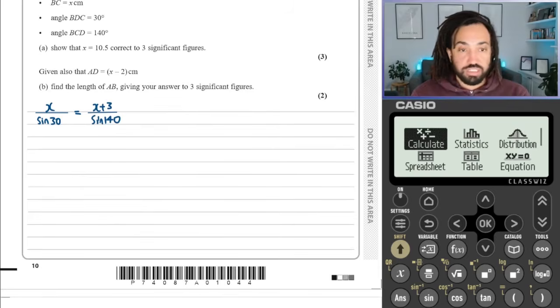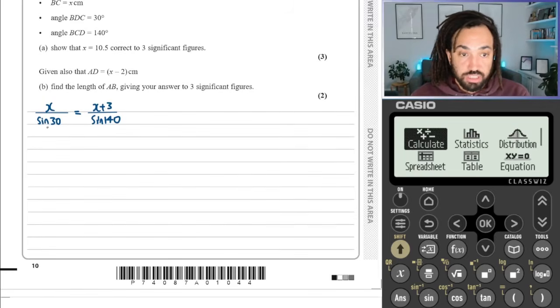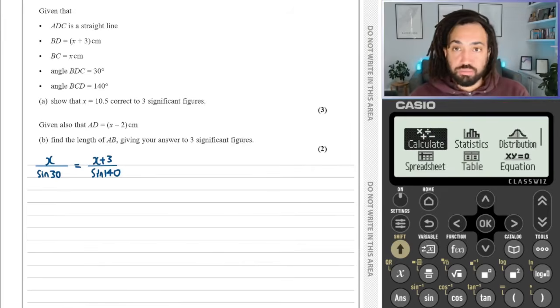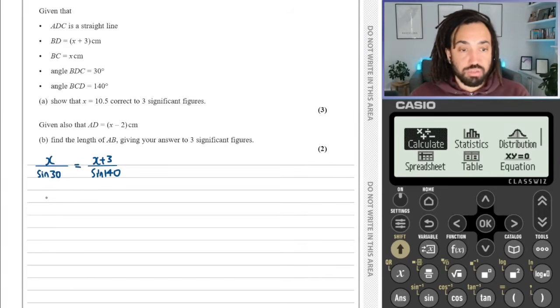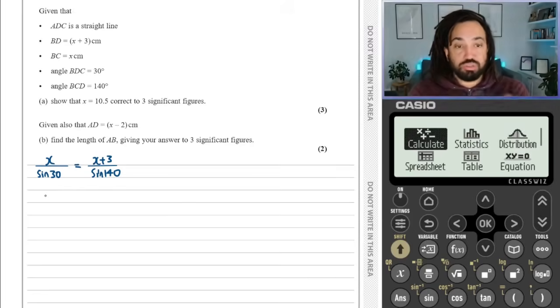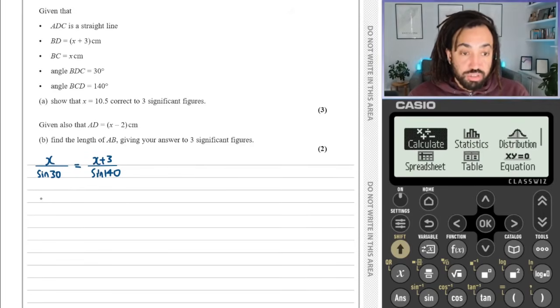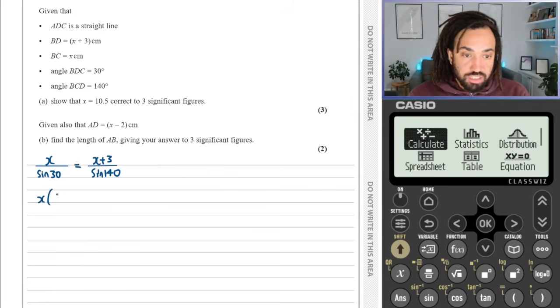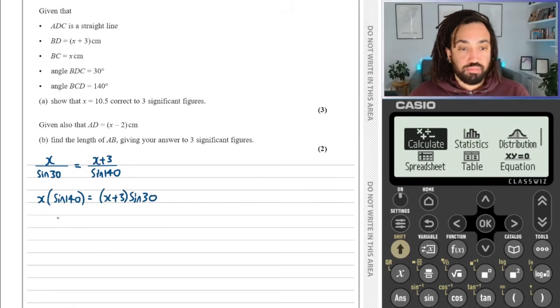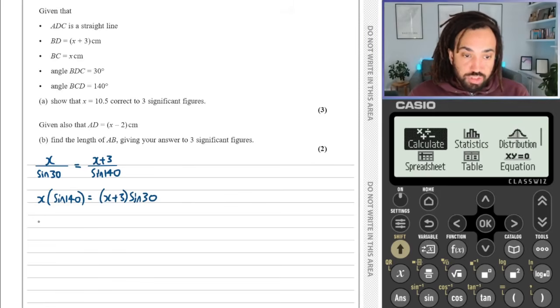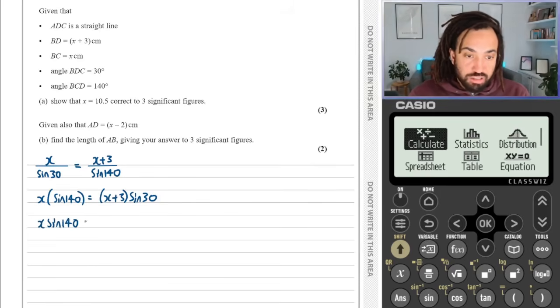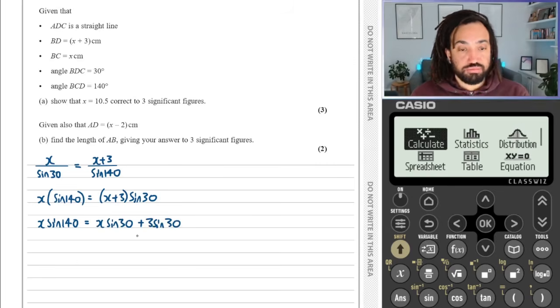Okay, so now let's scroll down and solve this. I'm also going to try and keep it as exact as possible. So the first thing I'm going to do is cross multiply the sines up to either side. So this is going to give us x lots of sine 140 is equal to x plus 3 lots of sine 30. Okay, so we've got x sine 140, and then multiplying out this bracket gives us x sine 30 plus 3 sine 30.